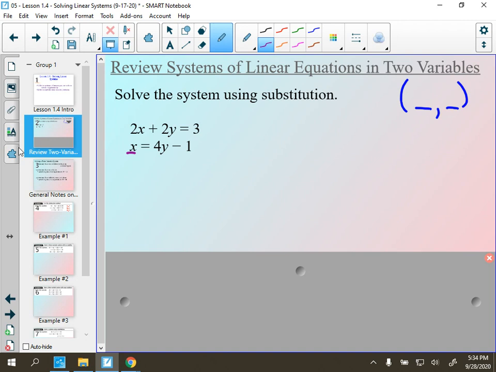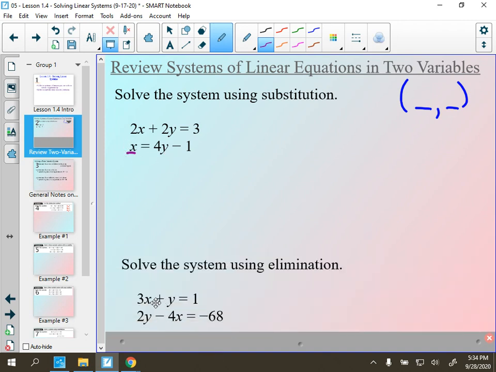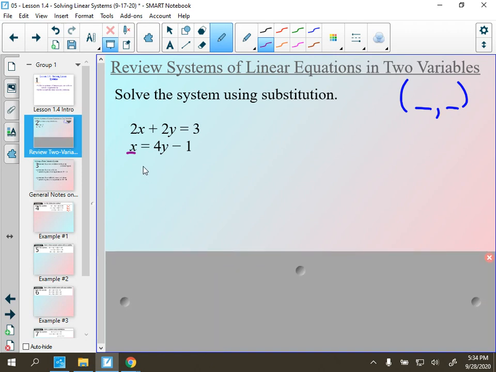I've got an x and a y in this top equation, and an x and a y in the bottom equation. If this one wasn't here by itself, we could pick one of the four and try to get it by itself, which in this case, I'd probably move the 3x to the other side. But the reason I might want to use substitution is because an equation is already set up for that. So that's a little bit as to why we might want to use substitution.